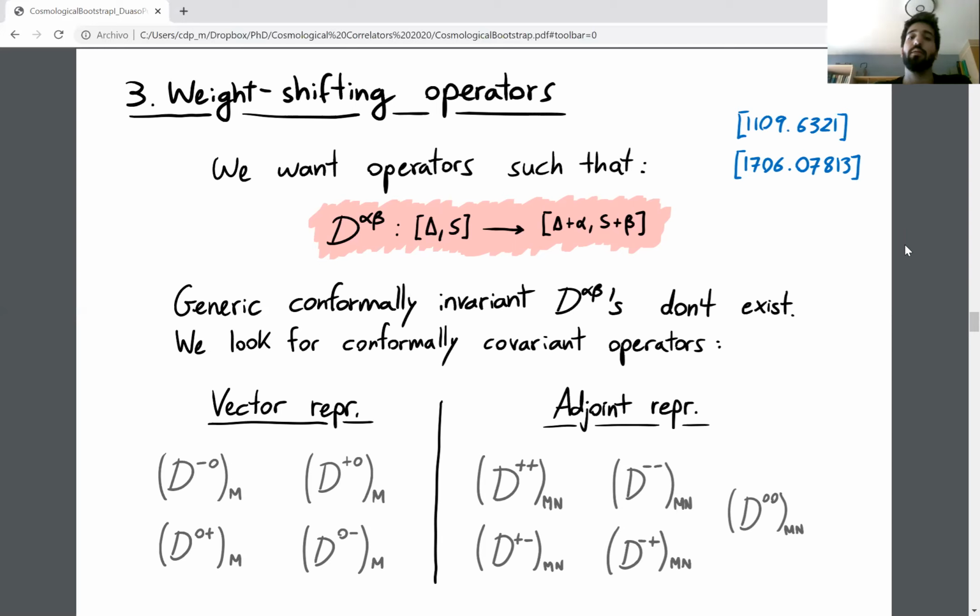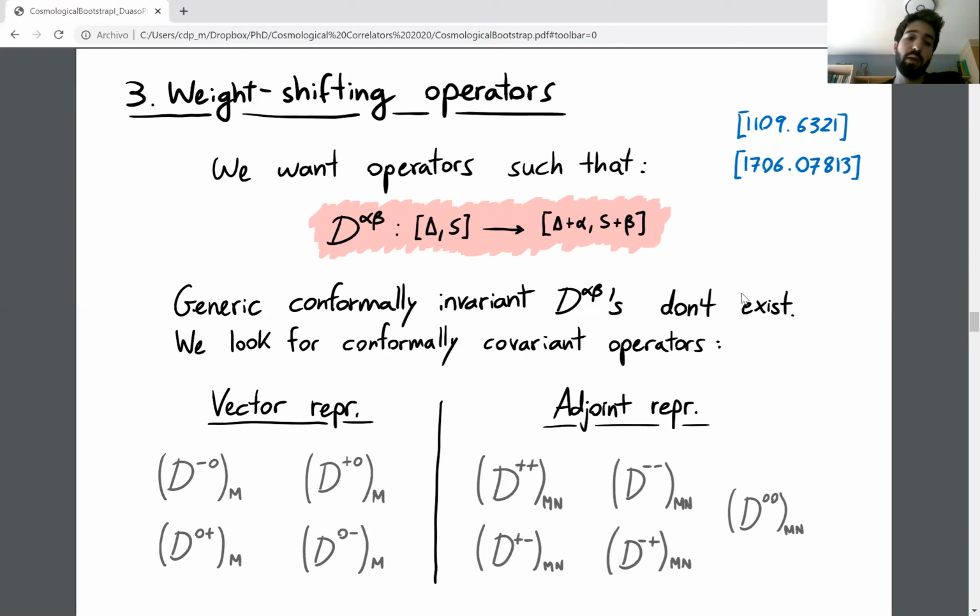They found that generic conformally invariant weight shifting operators do not exist. So if we want to find generic operators of this kind, we have to look for conformally invariant objects. So they studied the different representations of the conformal algebra.